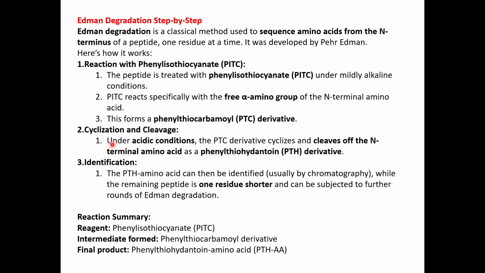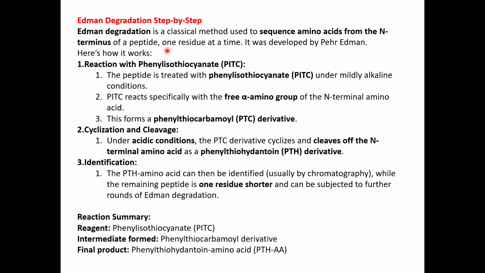The next topic is the Edman degradation. Let's go step by step through the process. Edman degradation is a classical method used to sequence amino acids from the N terminus of a peptide. In a peptide, there is an N terminal and a C terminal.